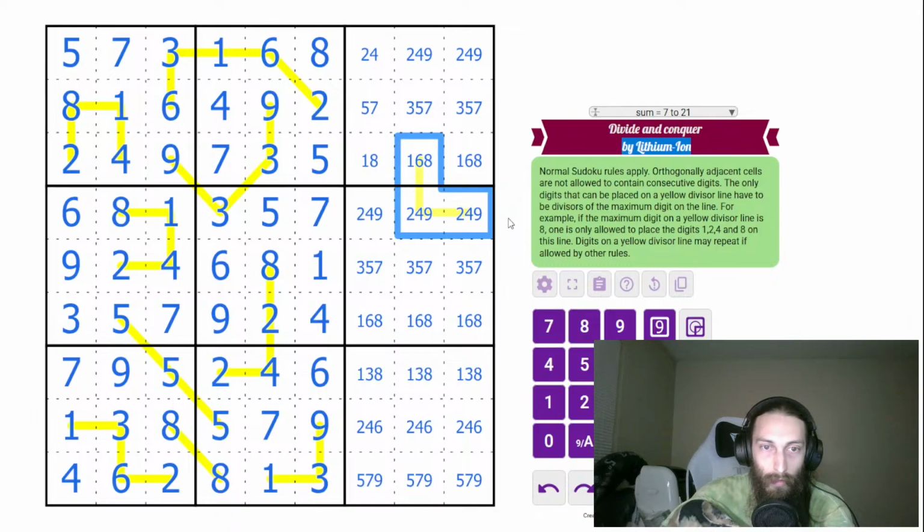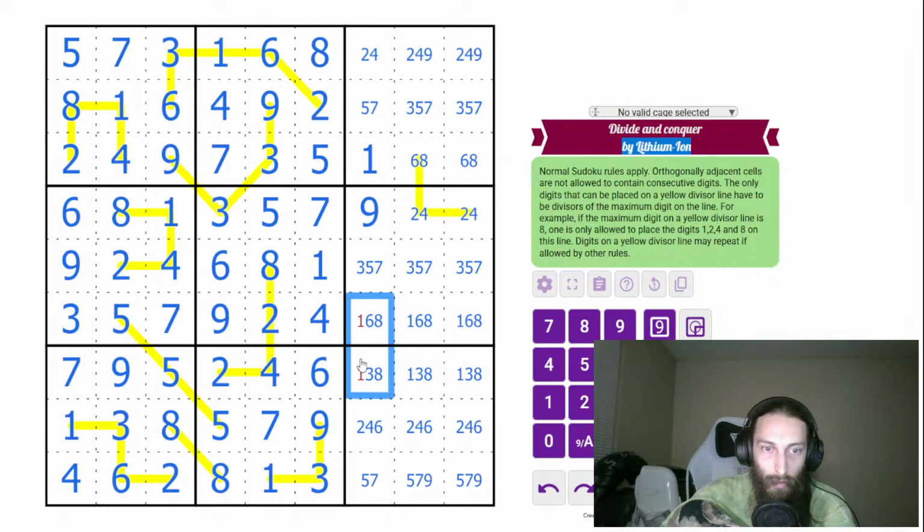Yellow line. Well, 9 can't pair with 2 and 4, so that's a 9. And that's a 1. And 4 can't pair with.